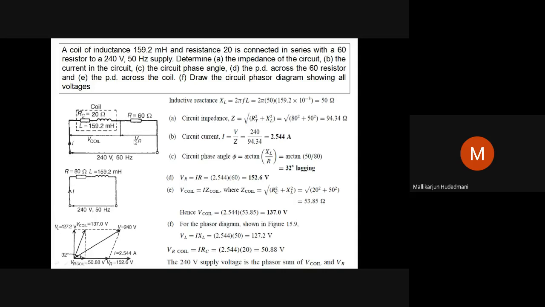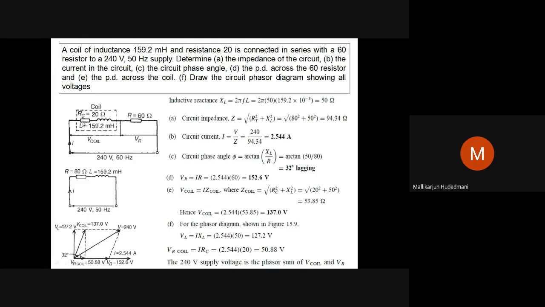So like this, VR, you can see here something is marked as a capital V R. That is the voltage across capital R, which is 60 ohm, and the potential across the coil, the whole length of RC and LC. So this is V coil. So we have to find these. Draw the circuit phasor diagram. It means you have to draw the representation of the circuit by a vector, which is a rotating vector, nothing but a phasor. So therefore, let us understand the circuit.